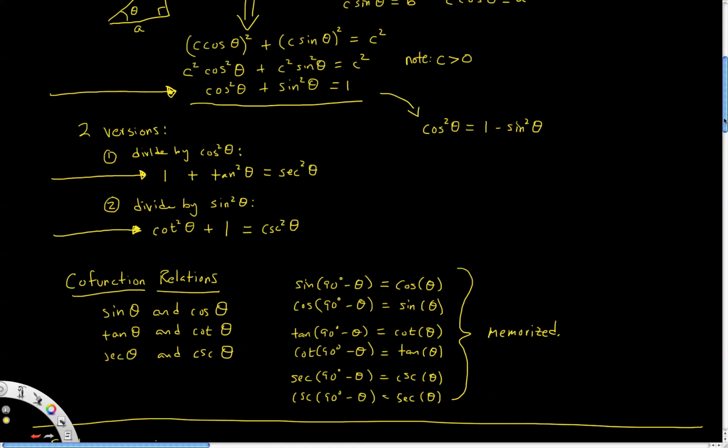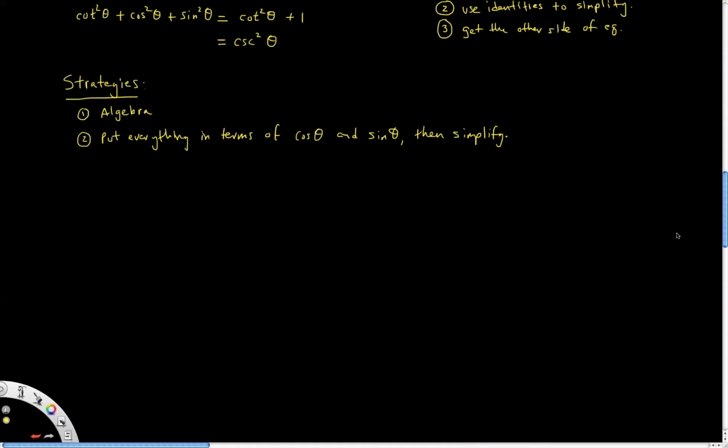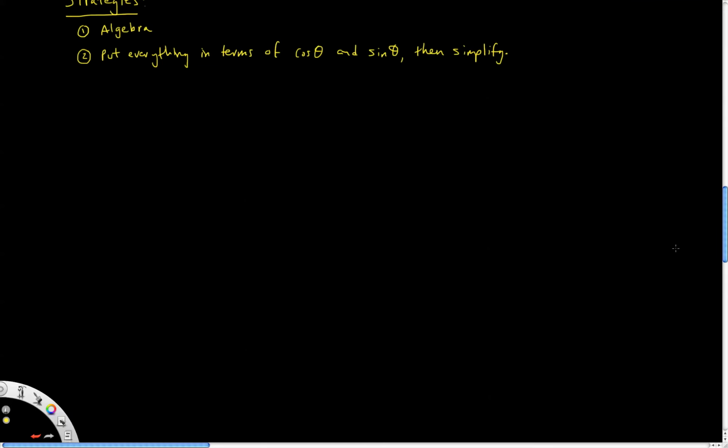And actually, before I forget, let me do a third example with the cofunction relationships, just so you can see how that works. Again, I'm going to pick one from your book, and I'll do number 22 here.